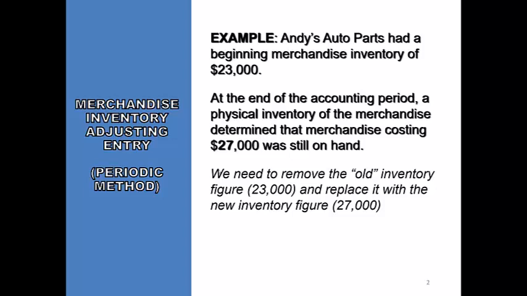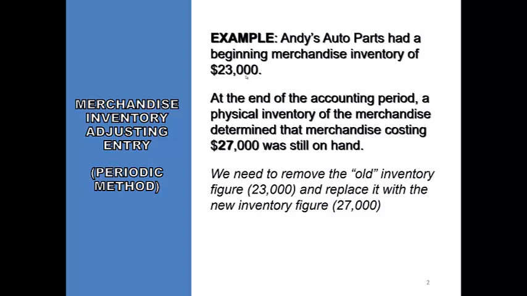In the example, Andy's Auto Parts had a beginning merchandise inventory balance of $23,000. At the end of the period, he took a physical count of the inventory and found that $27,000 was still on hand. With the merchandise inventory adjustment, it's really important that we locate the beginning balance and the ending balance for the year.